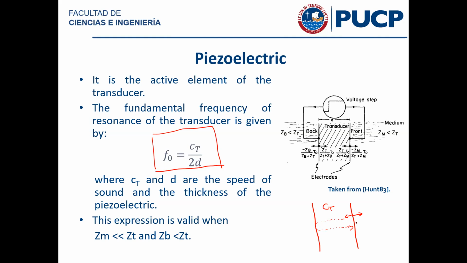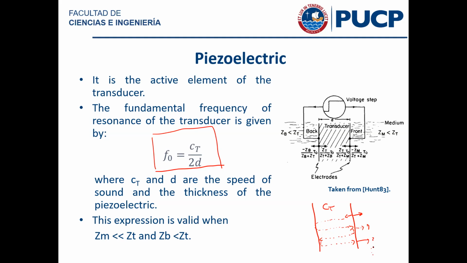The wave is going all the way to the back, then it's coming to the front, and that's going to create a second wave that comes out, and a second wave that goes to the back, right? And then it comes to the front, and then there's a third wave that comes out, and so on and so forth.